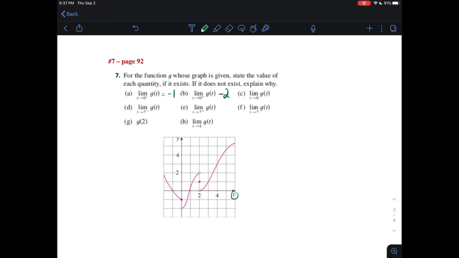So then part C says, what is the limit of g of t as t approaches 0? Which essentially is saying, now that you've figured out the left and the right-hand limits, are they equal? No. So this limit does not exist. And the reason why is because the right and the left-hand limits are not equal.